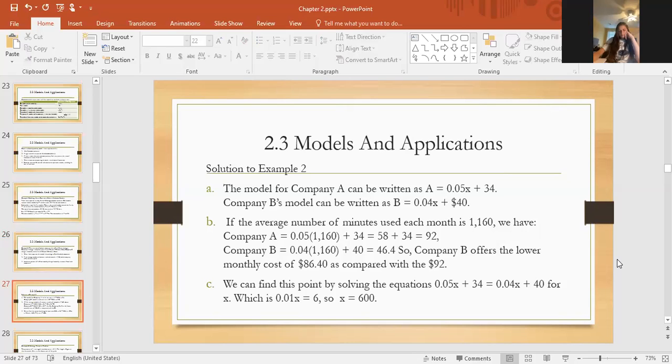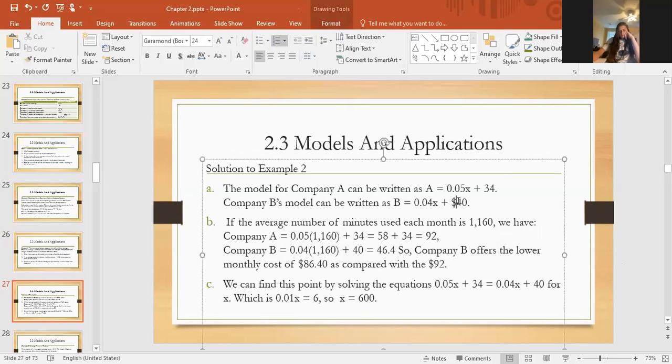For company A, if the number of minutes of talk is X, then the bill will be A equals 0.05 times X plus 34, which was the monthly charge. And for company B, it will be 0.04 times X plus $40.